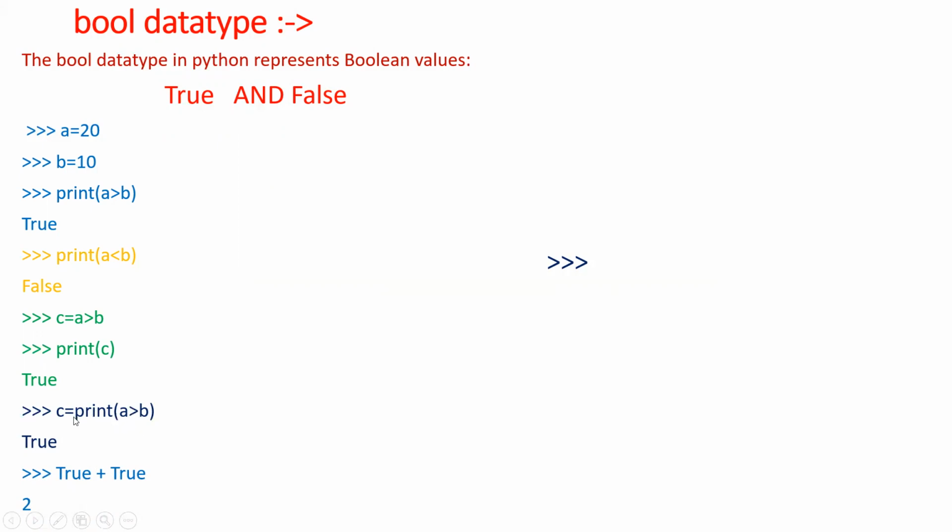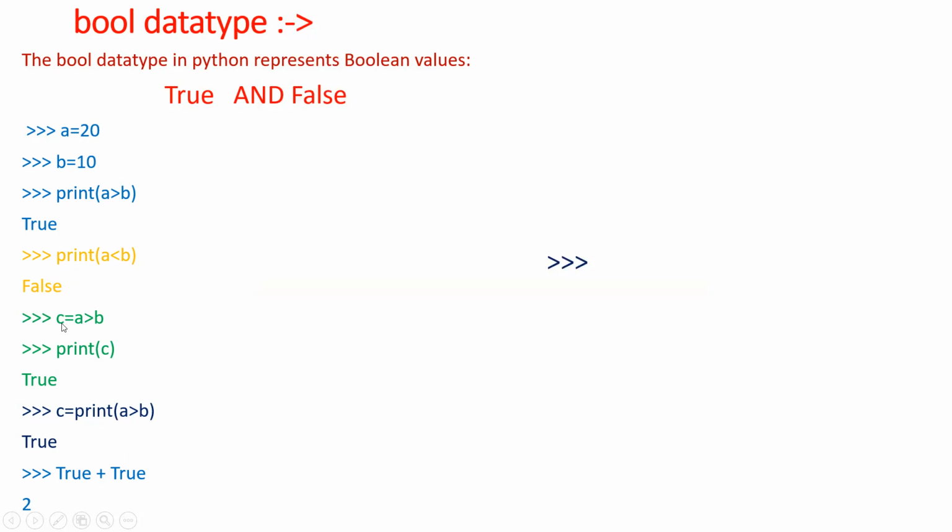See here once again, it is not printing anything. Okay, just a minute, sorry. Let's print two things. What happens with c equals print a greater than b? You are getting True due to the print statement. But in the above case, why are you getting True?